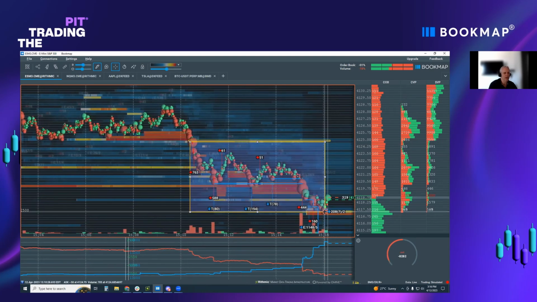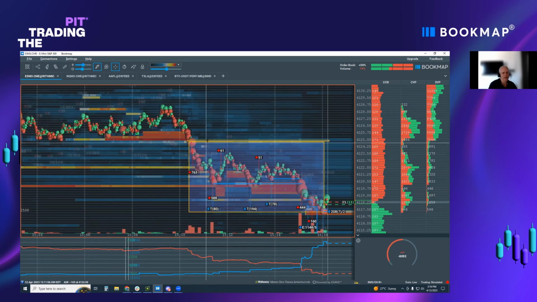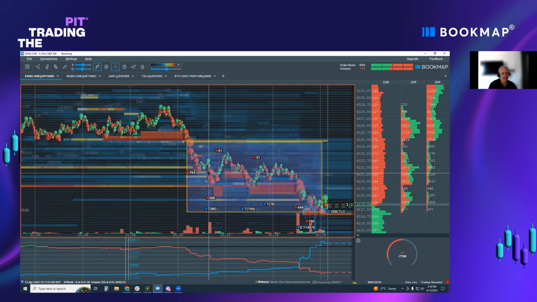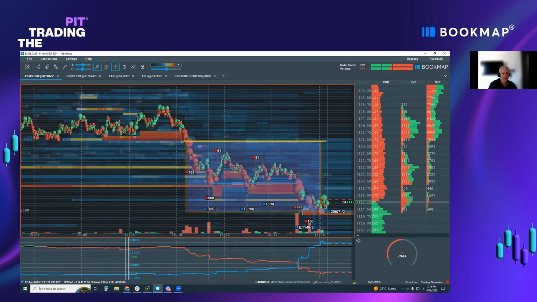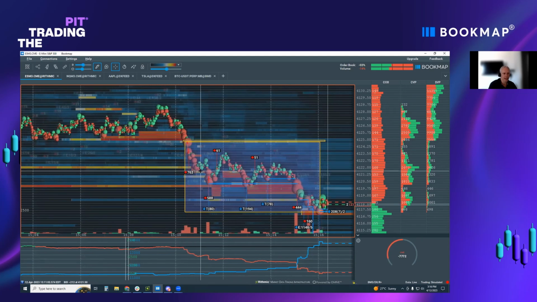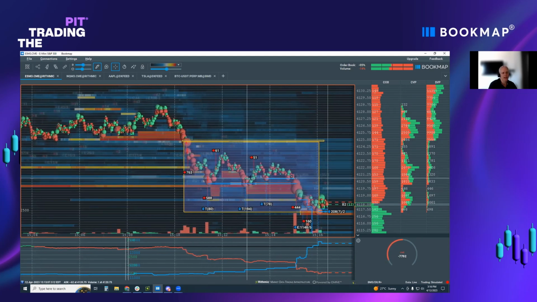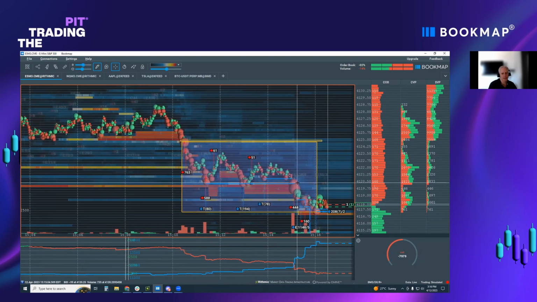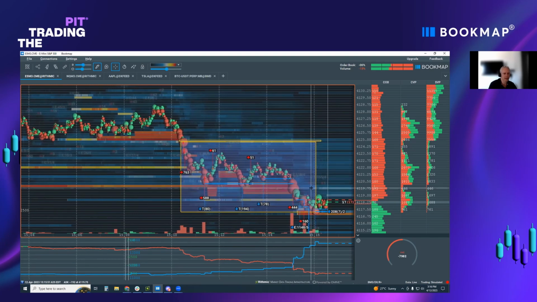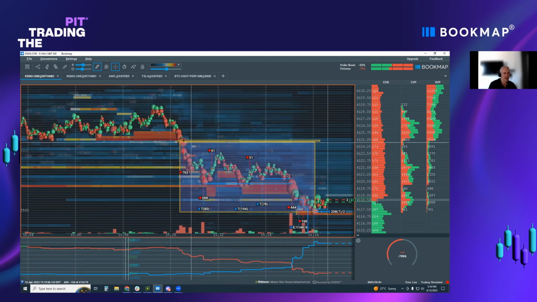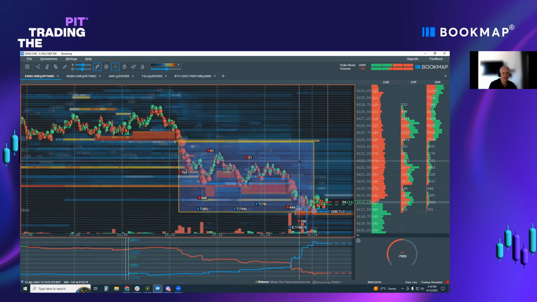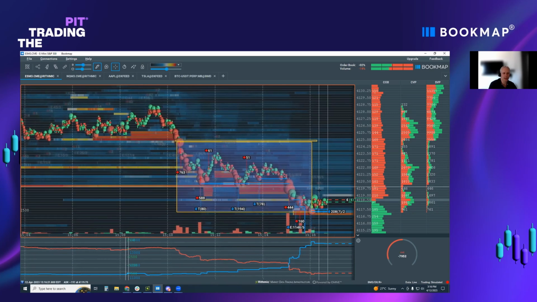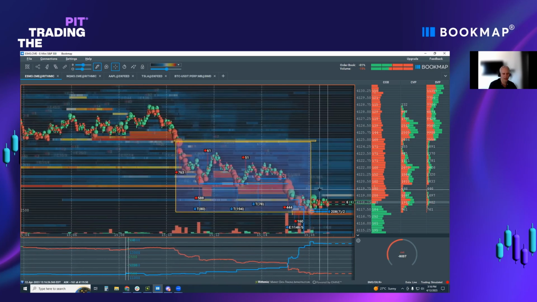So we know that there's lots of sellers in here as well. We can assume, though, on a stop run that they're exiting. They are not entering the market. If that is the case, then it's possible that there's no one left to sell. So if there's no one left to sell, then we'd be looking for buyers to trade back up into these areas in that mean reversion trade we just talked about, because this is at a discount and there's no more sellers willing to take it lower.